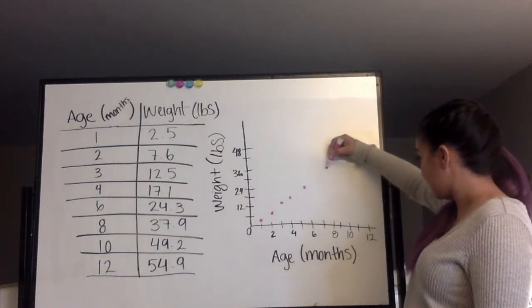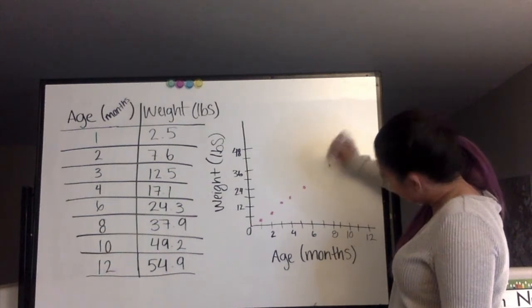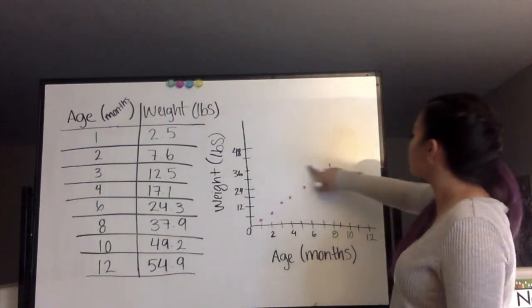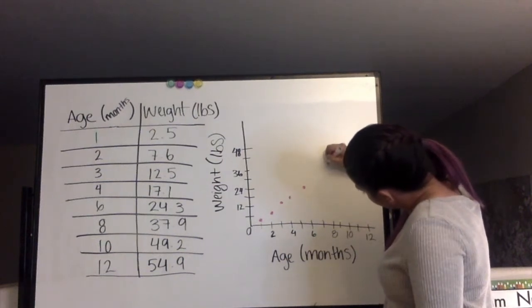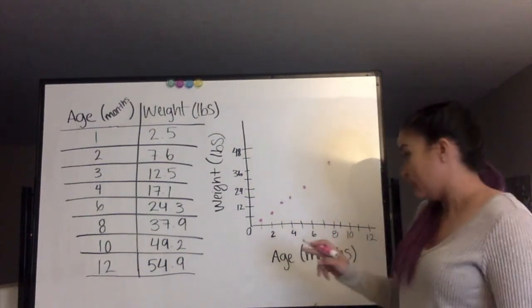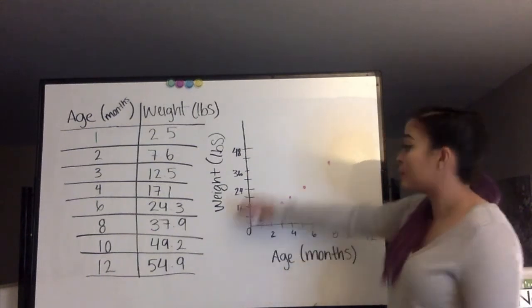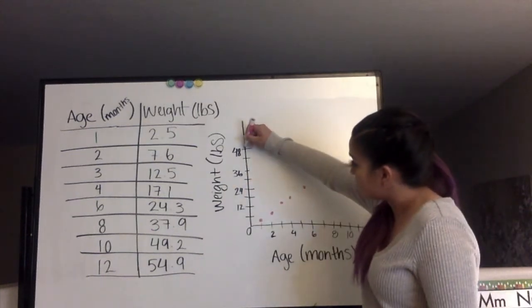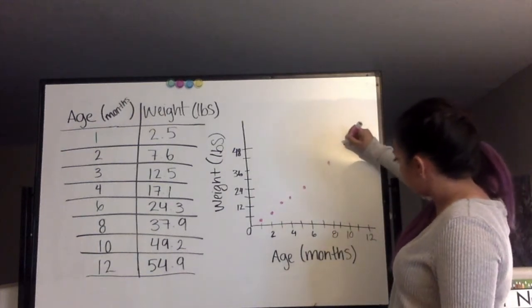That is at 8 months, right around here. Then at 10 months, we have 49.2. So we have 48, so slightly above the 48.